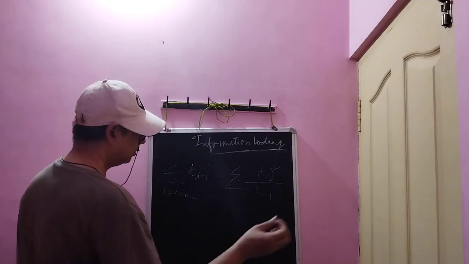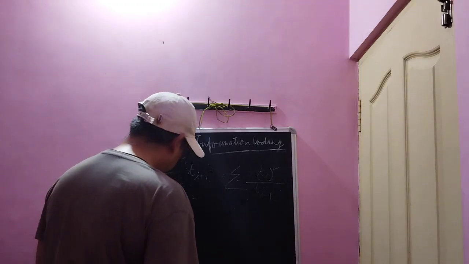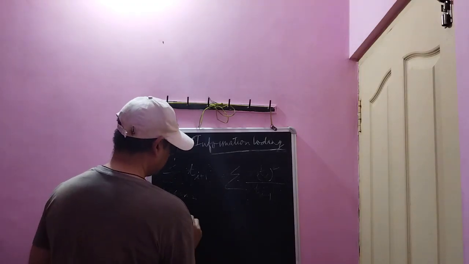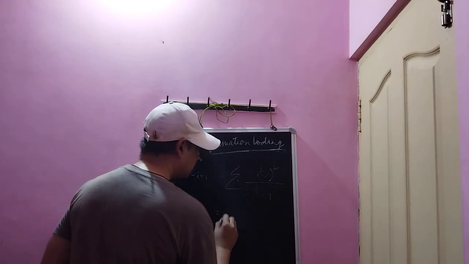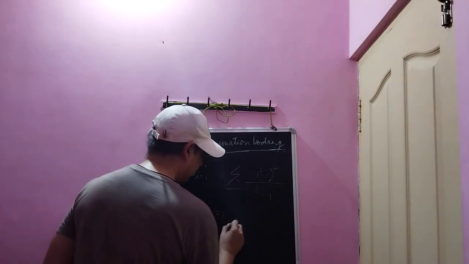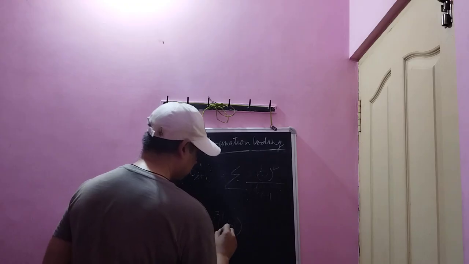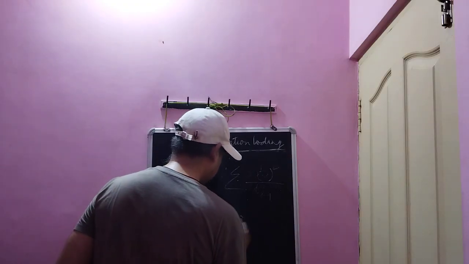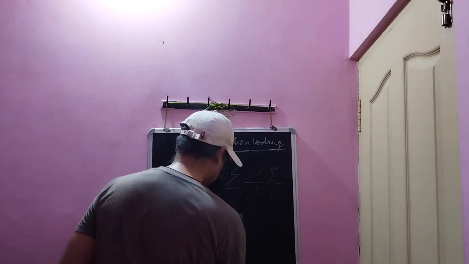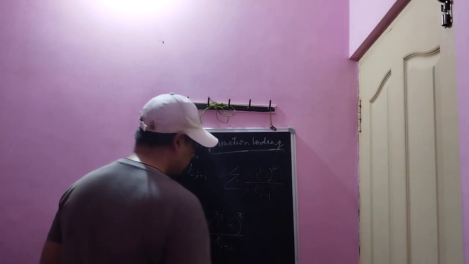Upon expanding, this will come to the summation of r cube times (Ti minus 1) whole cube by Ti minus 2.